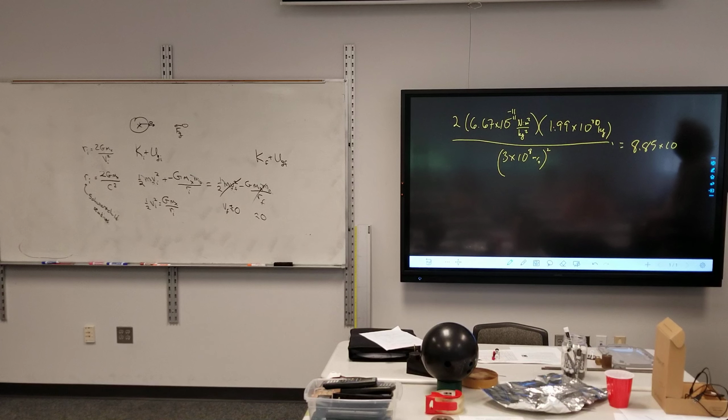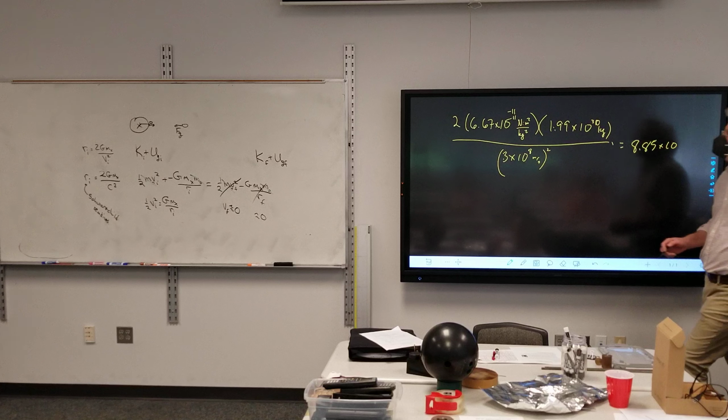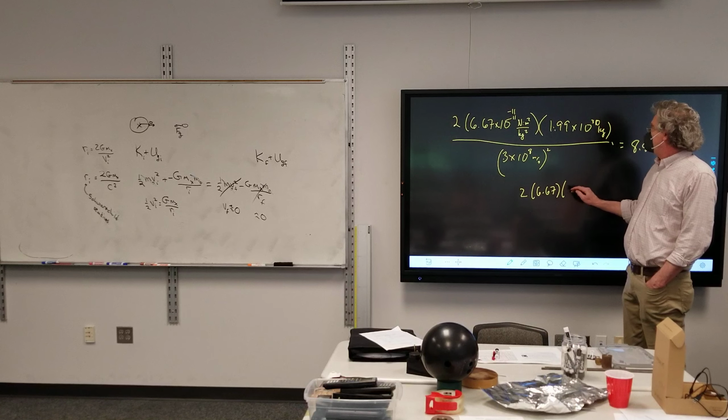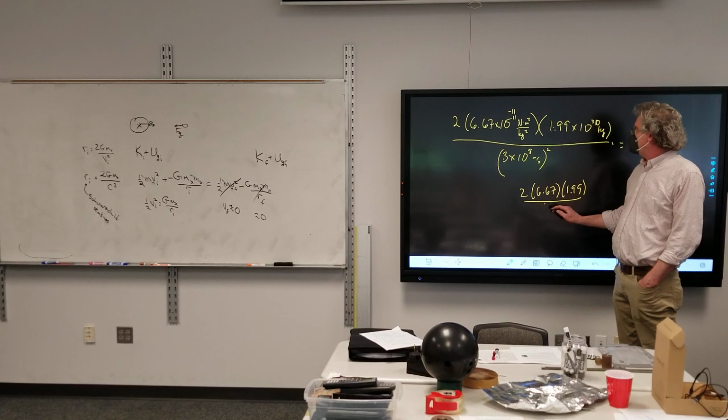All right, so, 11 and 16 is 27. If you did 2 times 6.67, 1.99, and then 3 squared.